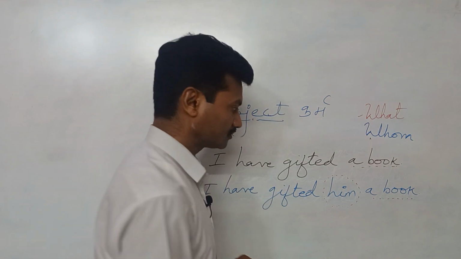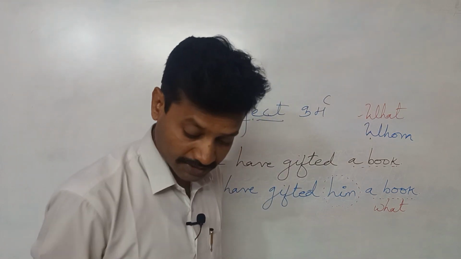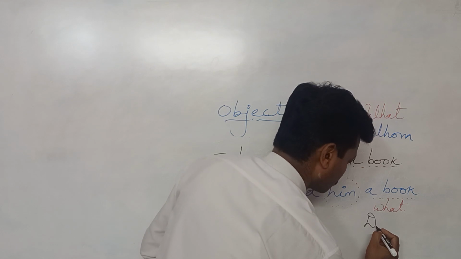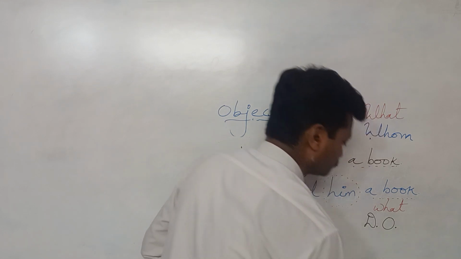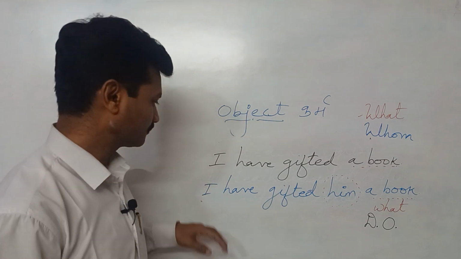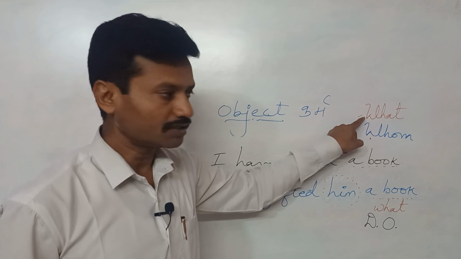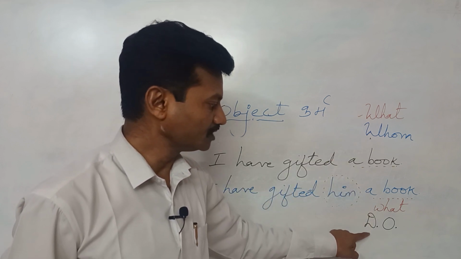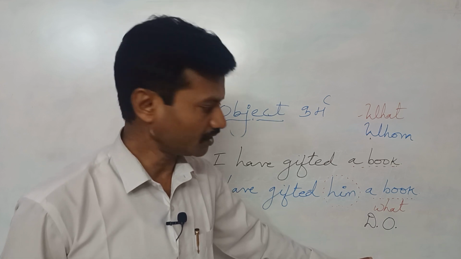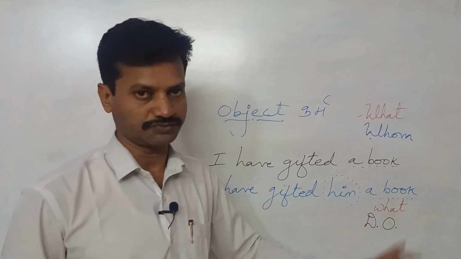Answer of what? What? A book is called the direct object. If there are two objects, when you construct a question with the help of what, you get the direct object. Okay, what? A book means it is the direct object.